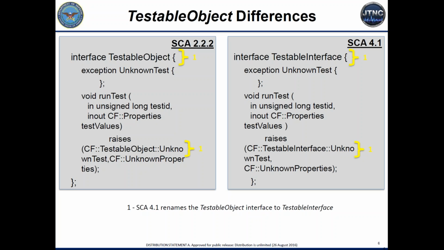It looks simple and straightforward: okay, it was called testable object in 222 and now it's called testable interface. But that naming change is going to result in a number of steps that need to take place.